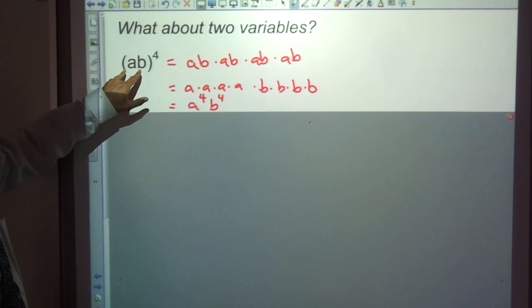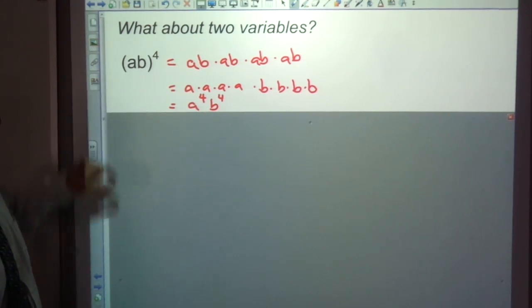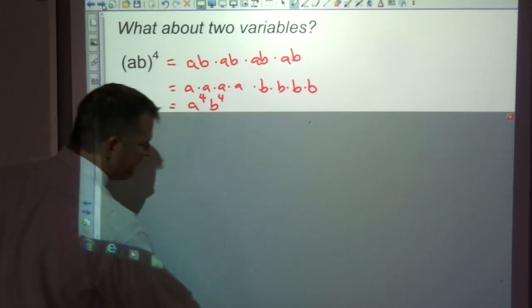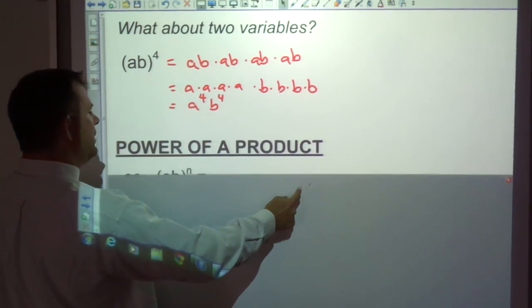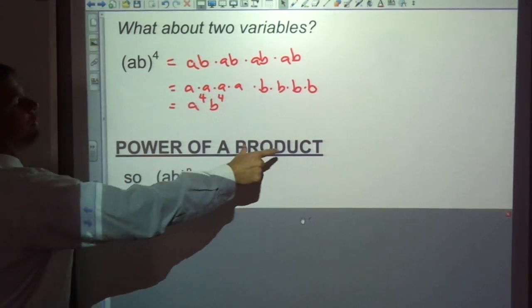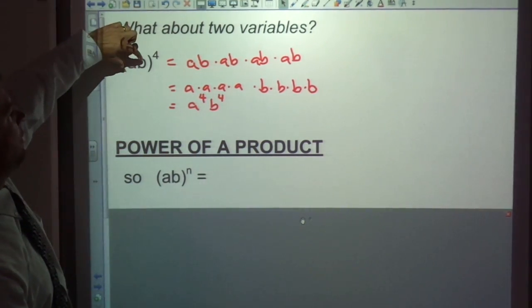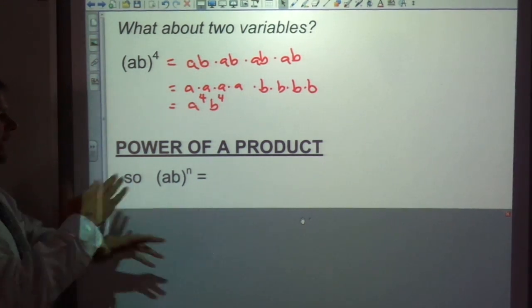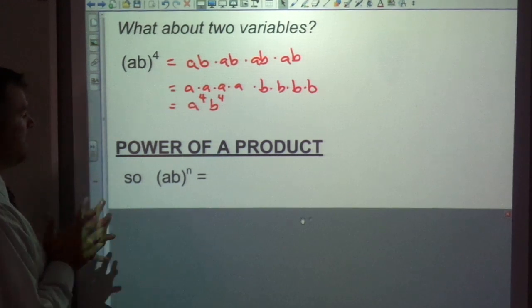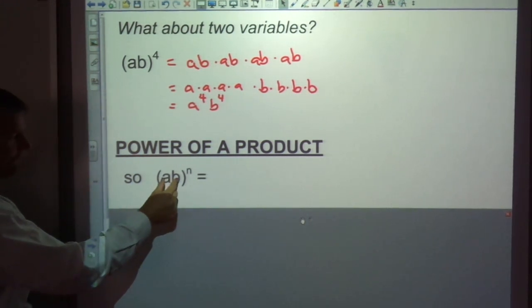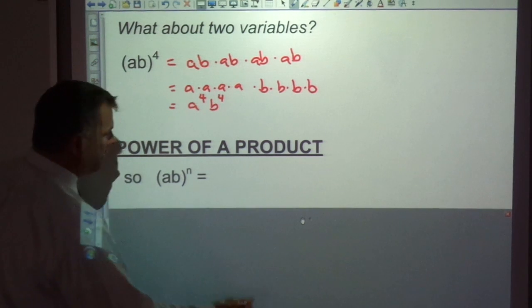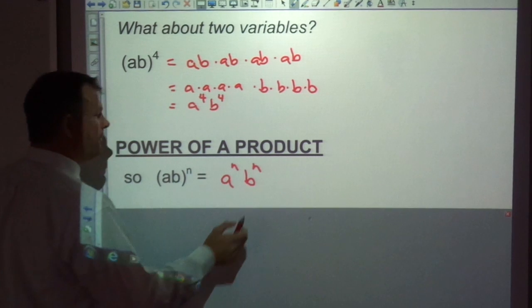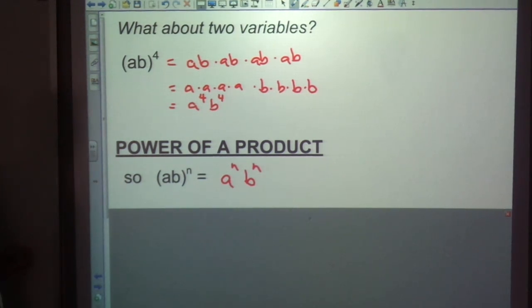So if we've got two different variables here, both raised to the 4th, it looks like we could just raise the first variable to the 4th, raise the second variable to the 4th. So this is called power of a product, because product is things that are multiplied. And this is a little bit different from product of powers. Now it's power of a product, same words, but a different meaning. If we have a times b to the n, then we take a to the n times b to the n. This is the power of a product rule.